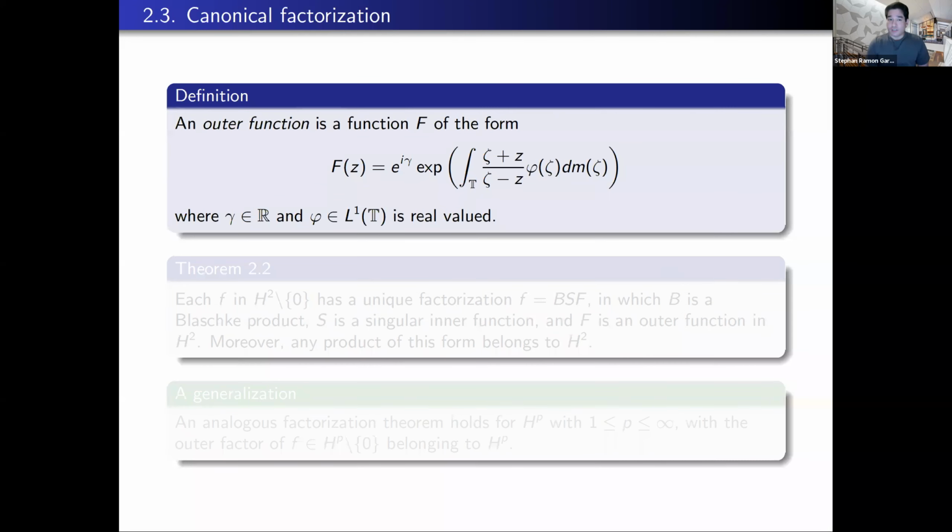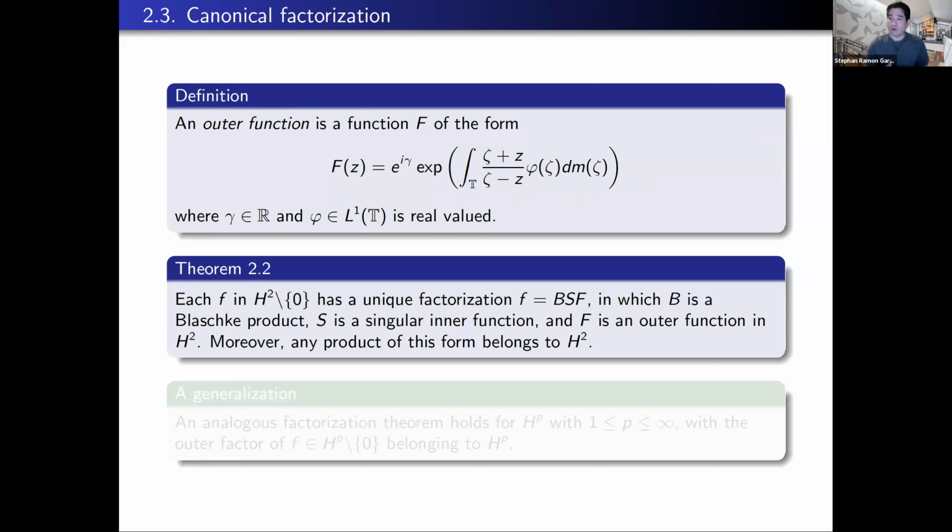An outer function, I hope you will recall, is a function of this form here, where phi is an L1 function that is real valued, and gamma here is a constant. So we have a unimodular constant times this complicated expression here. The point of this is that with inner and outer functions, we have unique factorization in H2, and that's something that we're going to use very frequently.